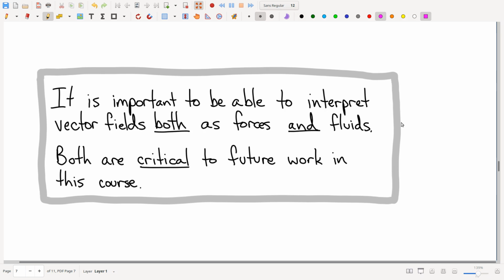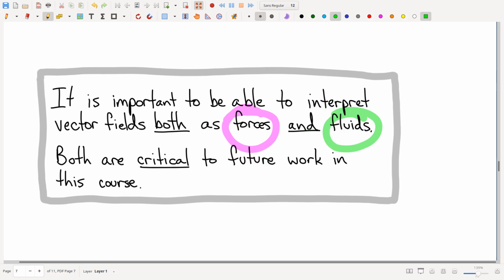One of those mistakes is a fair number of students will take all that we've just talked about, and keep in mind we've talked about vector fields as representing forces, and we've talked about vector fields as representing fluid flows. And very often students will sort of pick one that they like, and they'll be like, all right, this vector field stuff is weird. I'm going to always think in terms of fluid flows. It just seems to make more sense in my head, or something like that. Maybe forces if you prefer.